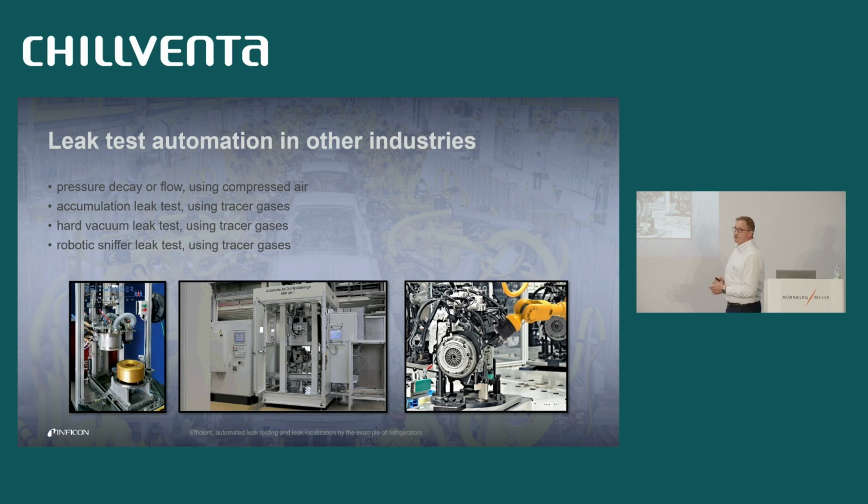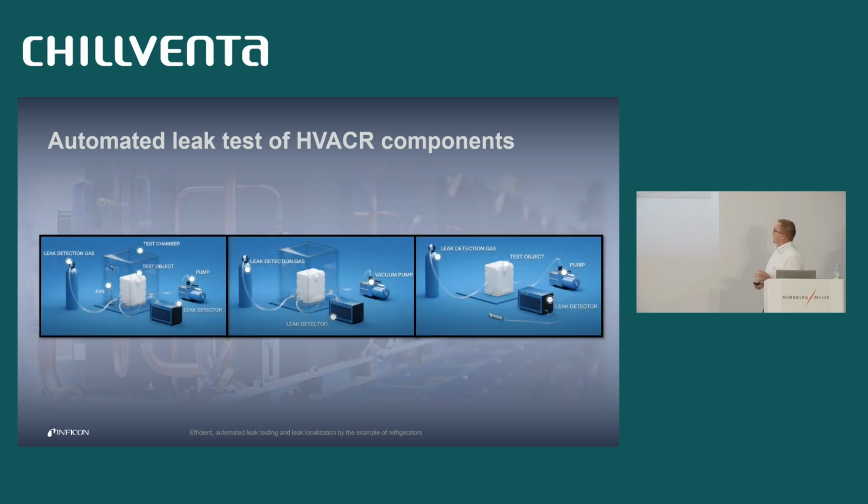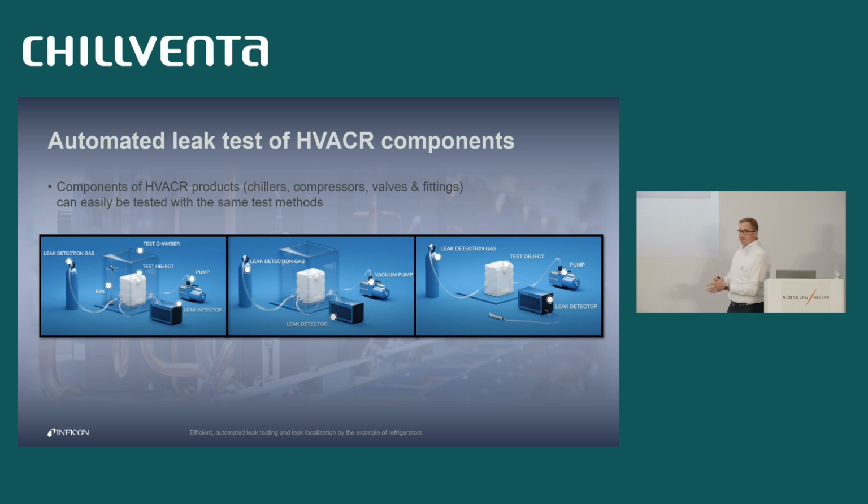Okay, now let's move over to refrigeration air conditioning industry. And if we are looking to test single components like compressors, valves, fittings, pipes, and so on, then you can easily use the same mentioned test methods. You can put it in a chamber, you can use tracer gas depending on your specification.